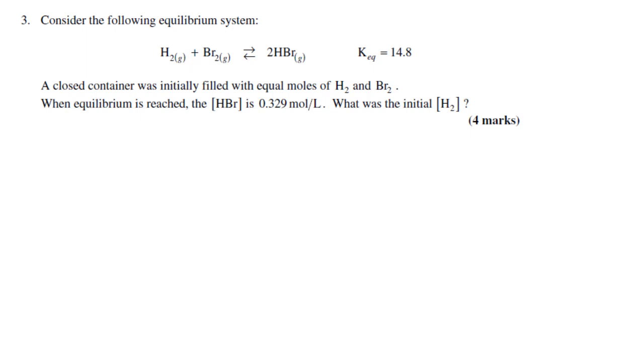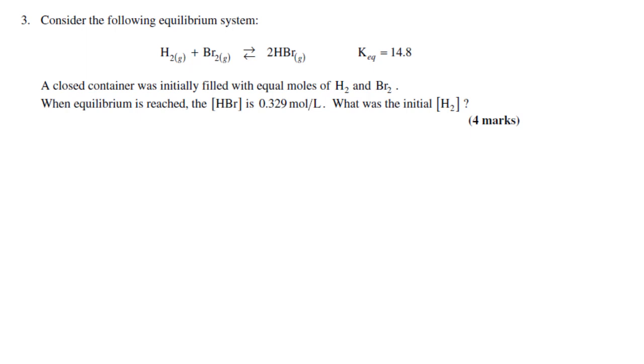Okay, last question. It says a closed container is initially filled with equal moles of H2 and Br2. When equilibrium is reached, the HBr is 0.329 molarity. What was the initial concentration of H2?